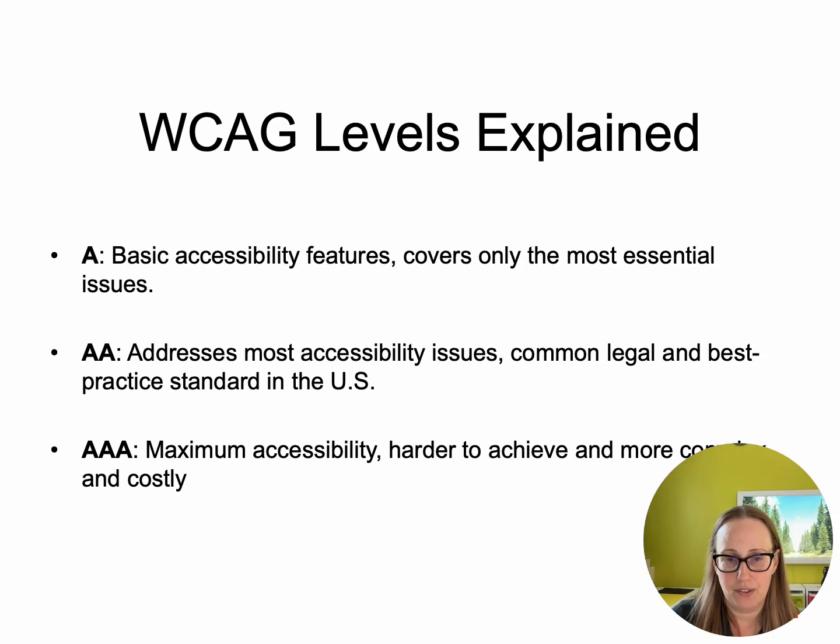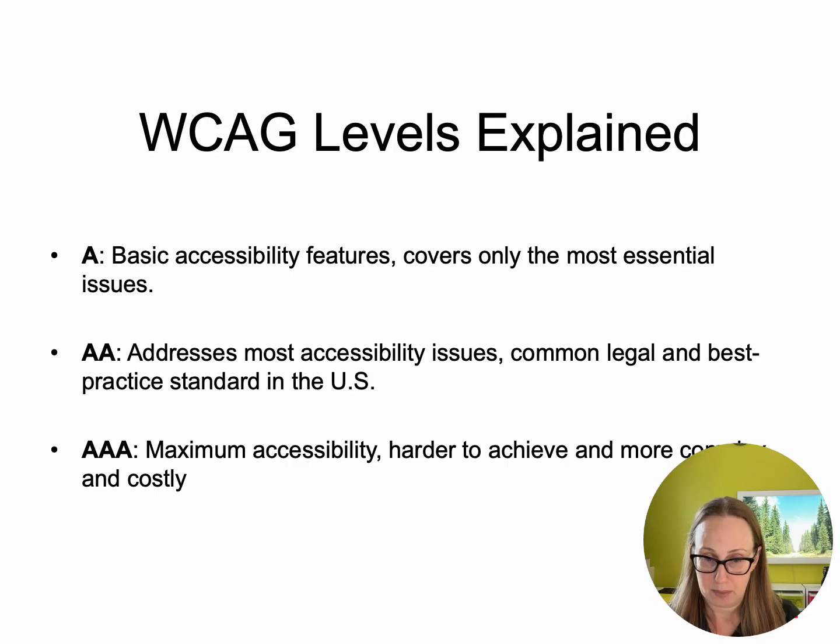So the WCAG levels, A, is just basic accessibility features and covers only the most essential issues, but probably won't solve most problems. AA, which is the standard, does address most accessibility issues. It is the common best practice standard in the US and the EU, but there may still be some barriers left in AA, even if you're following all the rules.